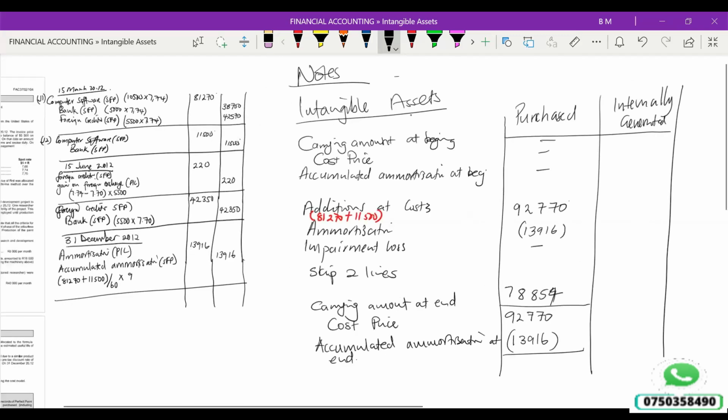All right. So guys, that's my purchased intangible asset.